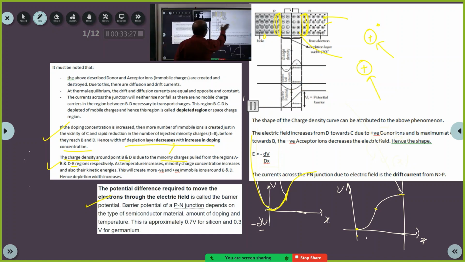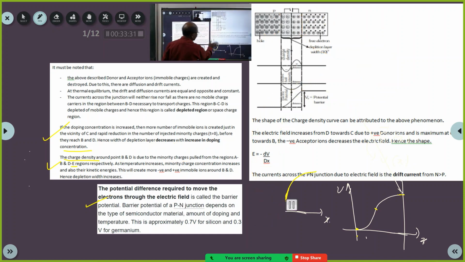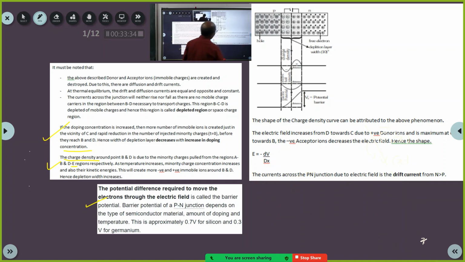All these curves will be useful as we proceed. This curve will be very, very important, because using it we can explain some phenomena.